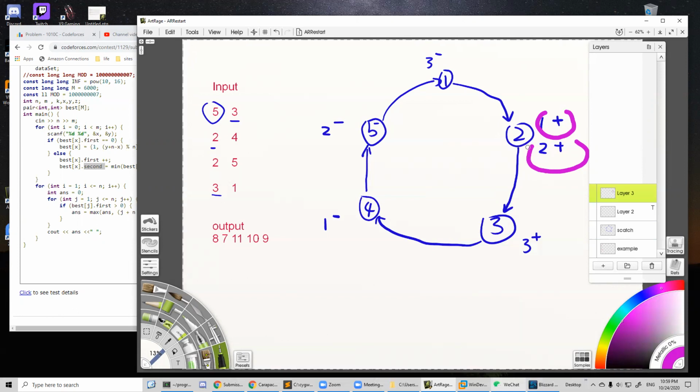So we only need to know, for all of those candies in that station, which candy has the nearest ending position.